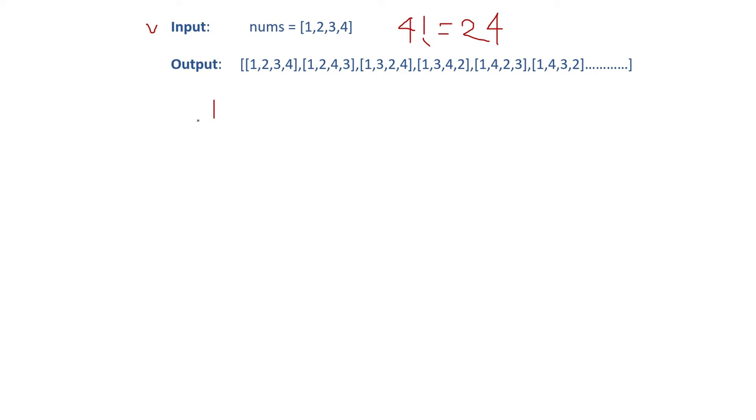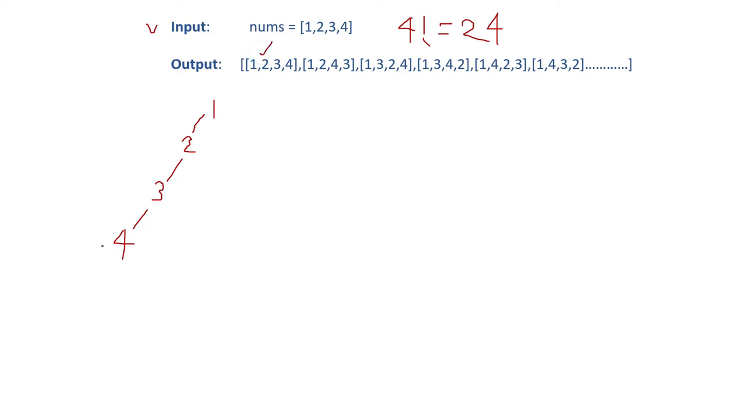Then we have a choice to use 2, and after that I have a choice as 3, then a choice as 4. As the length is 4, we can use a maximum of 4 numbers. So one combination we got is 1, 2, 3, 4.